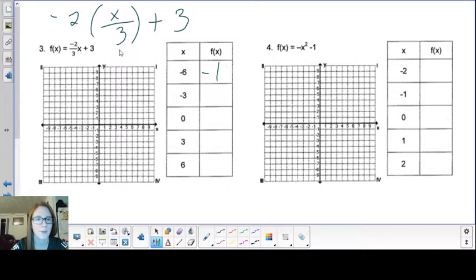-3 divided by 3 is -1. -1 times -2. Wait a minute. I think I gave you the wrong answer here. Let's back up a second. -6 divided by 3 is -2. -2 times -2 is +4. +4 plus 3 is 7.